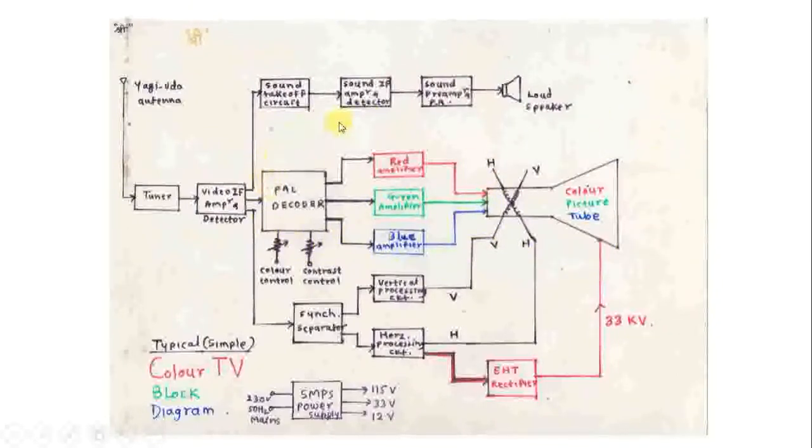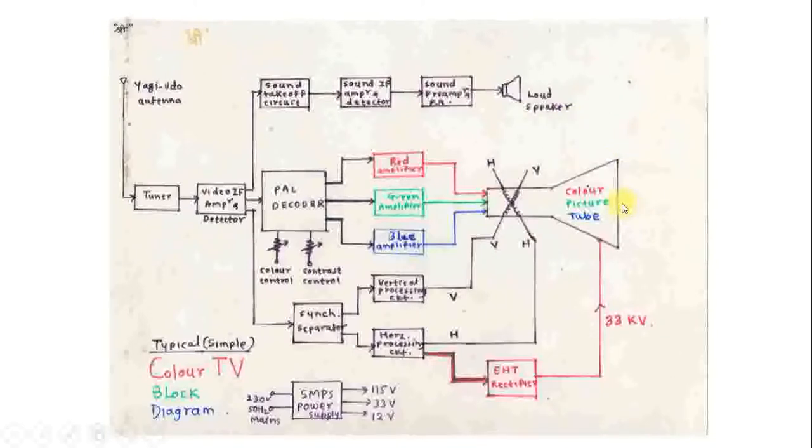The chroma section of this PAL television receiver is nothing but a PAL decoder, where the signals are taken, processed, and finally red, green and blue voltages are generated and given to the red, green and blue cathodes of the television picture tube, and this video signal is converted back into picture information.